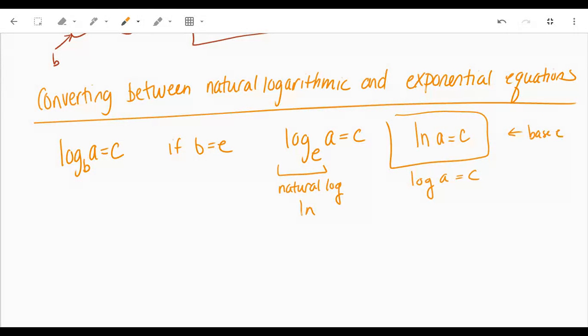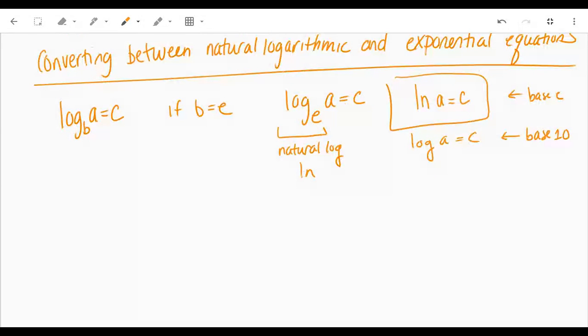If there's no little base listed and it says the word log, then by default the base is 10. So the natural log of a equals c is your logarithmic form, and your exponential form would be e to the c equals a. We can go between those two forms.